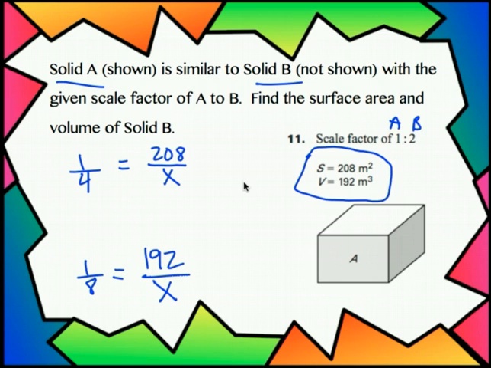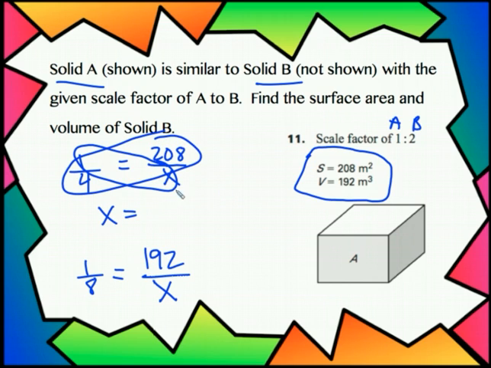Okay, so to solve each one of these proportions, you would just cross multiply. So we do 1 times X and just get X. And then you do 4 times 208, and that's going to be, I got my calculator, so these should be right. 832.